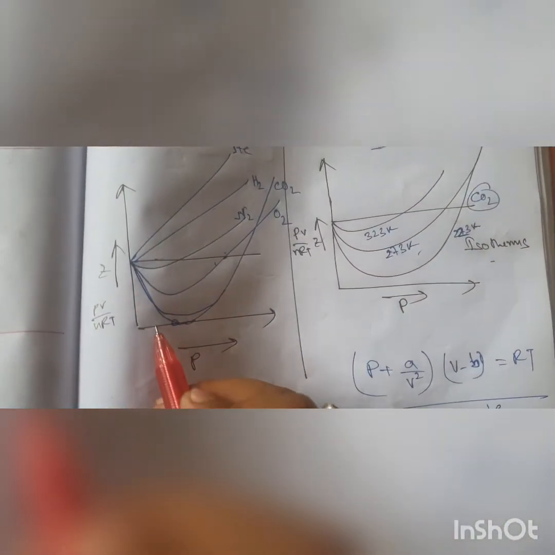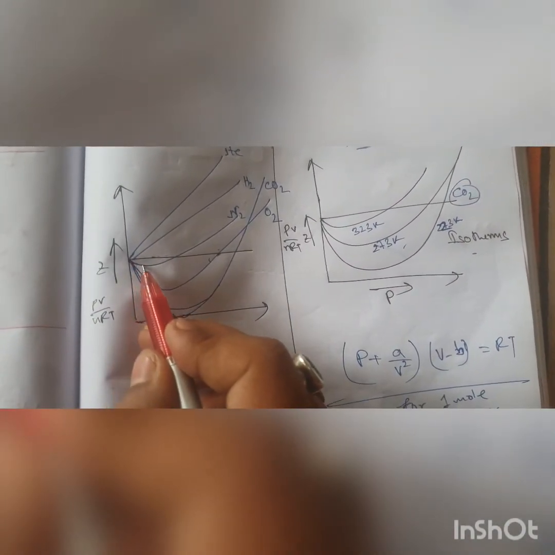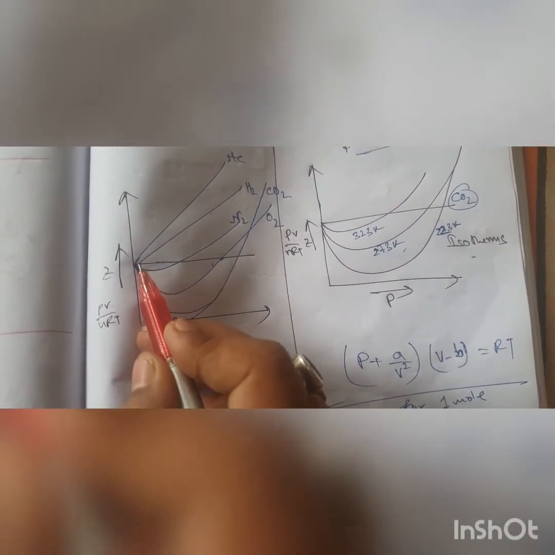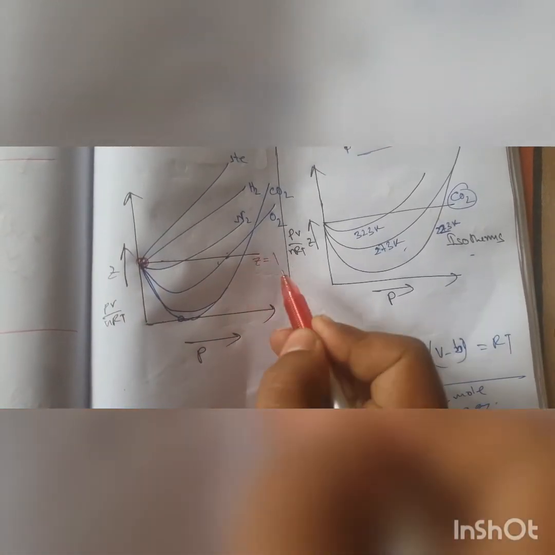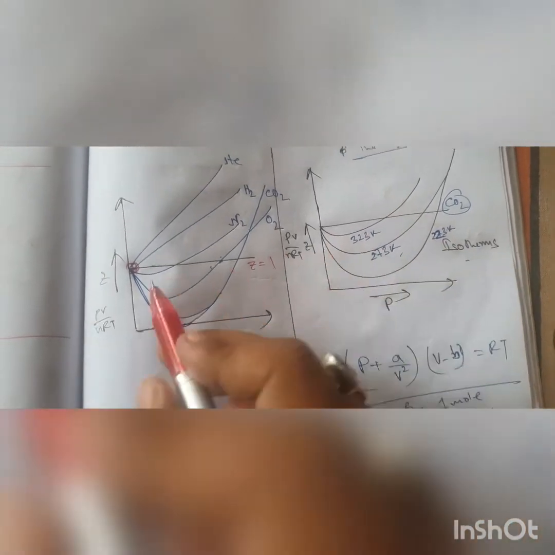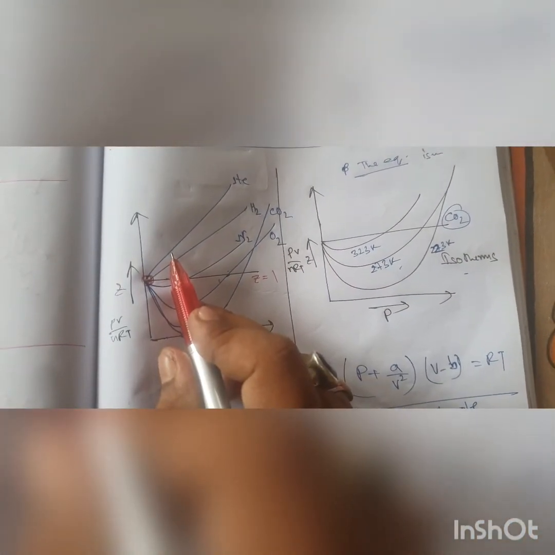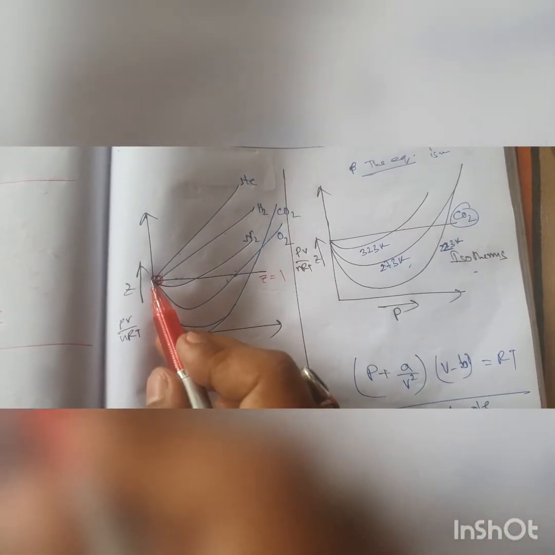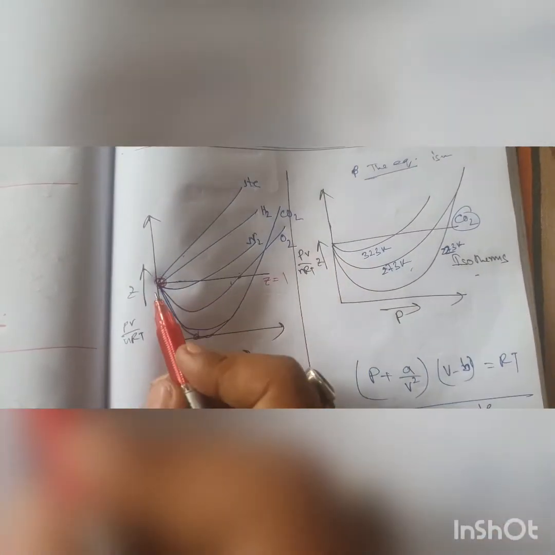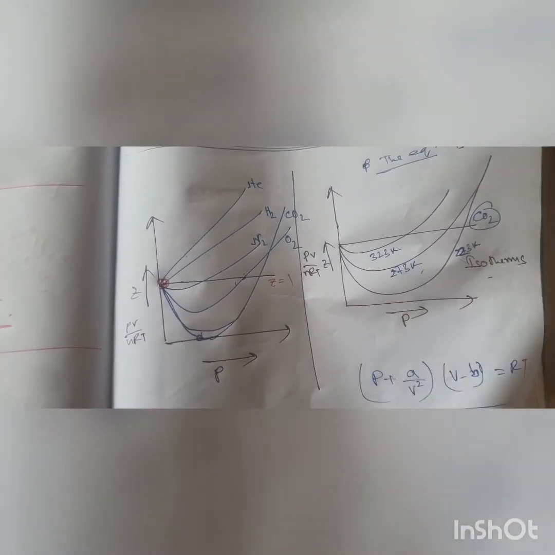What will happen at moderate pressure? We can see that at very low pressures it is beginning from here. That means for this very low pressure range it follows Z = 1 only, at different temperatures and for different gases also. Doesn't matter. At very low pressure, it will behave like an ideal gas.